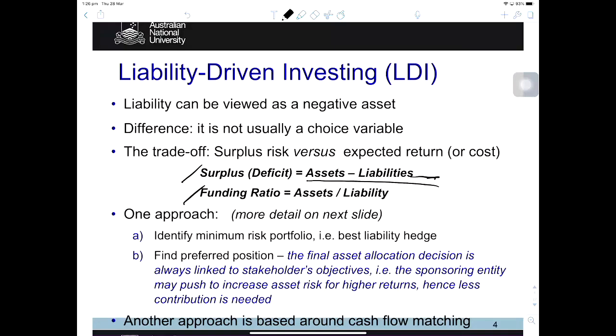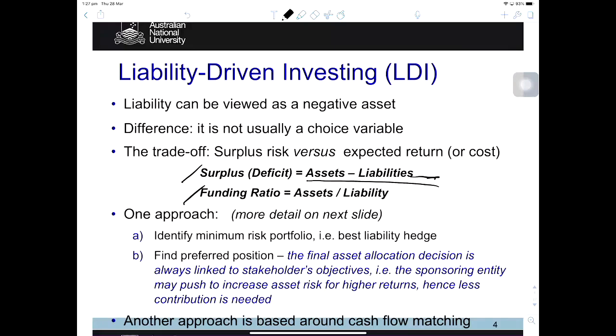So up to now we have some basic understanding of how DB funds are structured and how we measure the risk of DB funds. Next, we're going to talk about the method of asset allocation. Briefly, we can follow a framework where we find a starting point, which is the minimum risk portfolio.